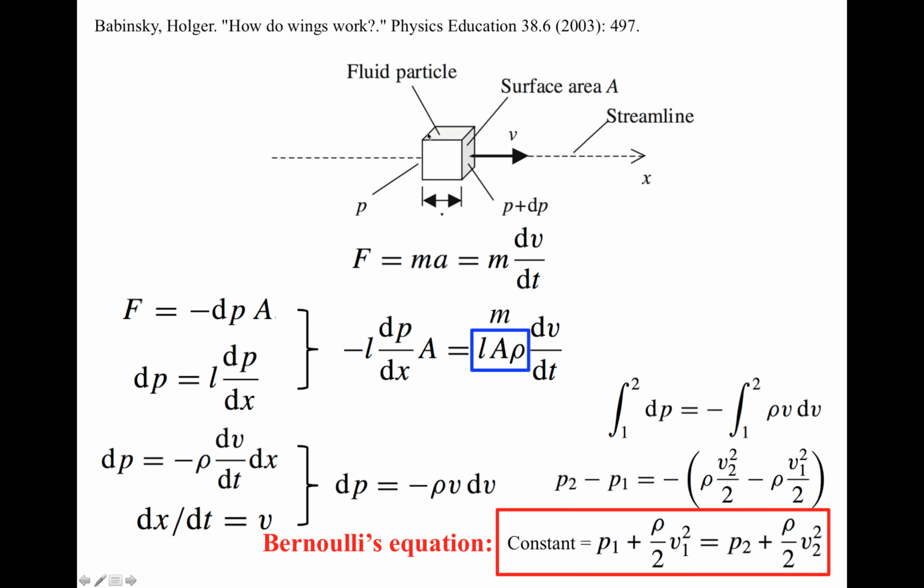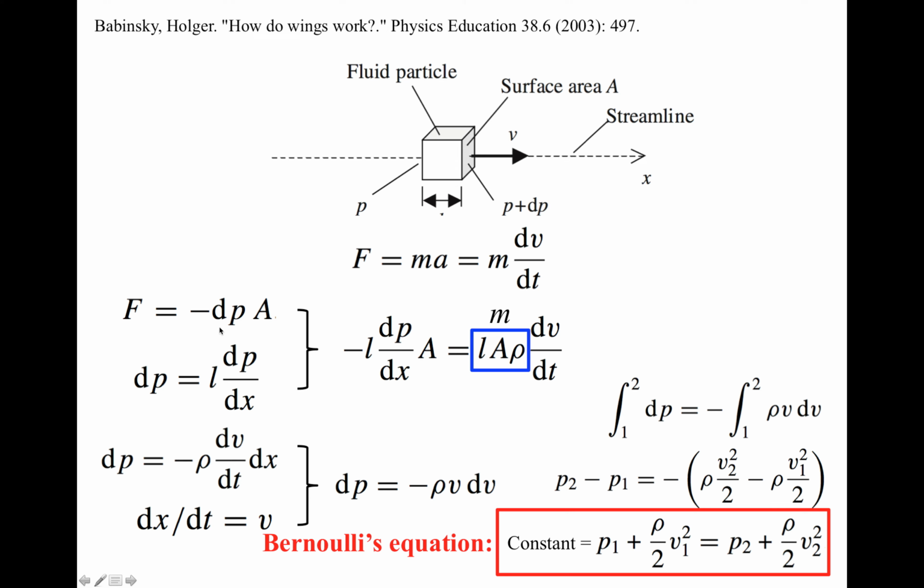So on the back of the surface, pressure is p, the area is A. And on the front of the surface, pressure is p plus dp, and the cross-sectional area is A. So the net force is just going to be A multiplied with dp. The minus sign indicates that this net force is in the direction of the negative x, it goes against the x direction. It goes this way. So F equals minus dp multiplied by the cross-sectional area, big A.